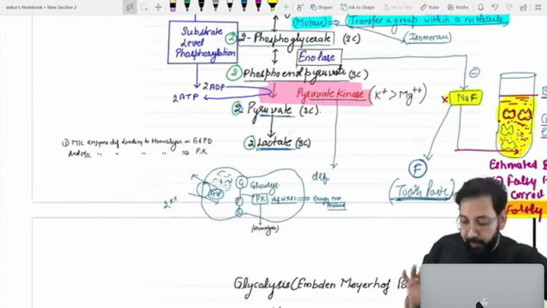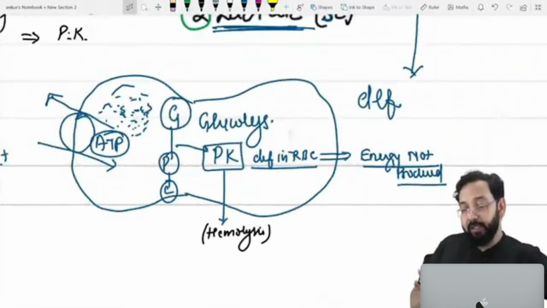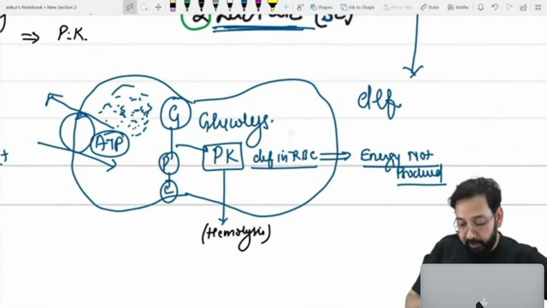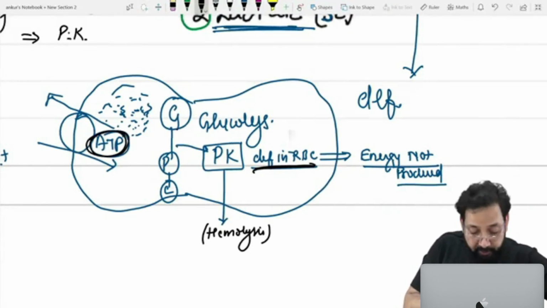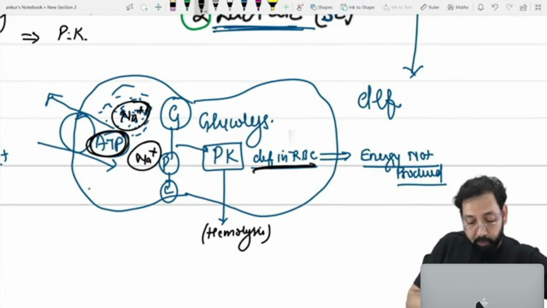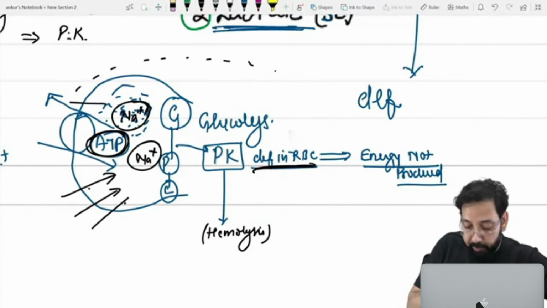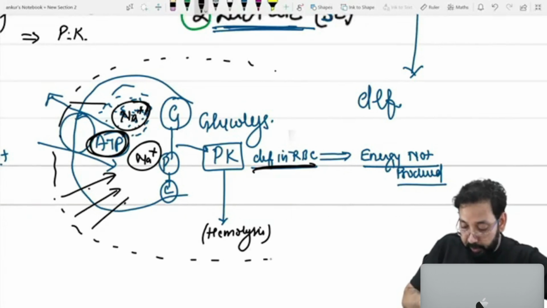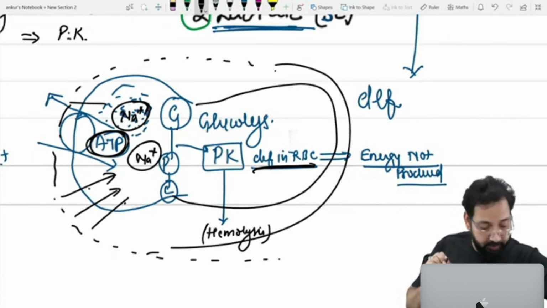Again I say, if energy is not there in glycolysis, as in pyruvate kinase deficiency, glycolysis would not be there, ATP will not be produced, sodium will not come out of the cell, sodium will accumulate, it will produce osmosis, water will enter, this RBC will swell up and there would be hemolysis.